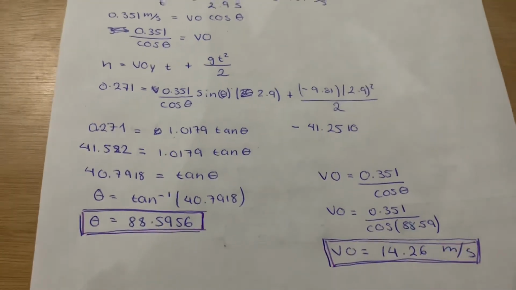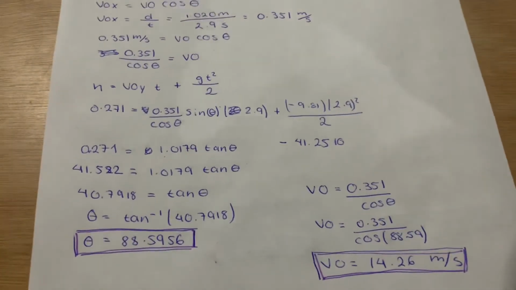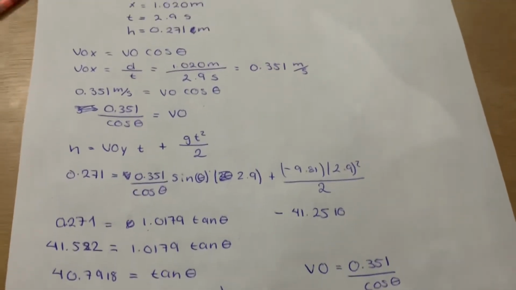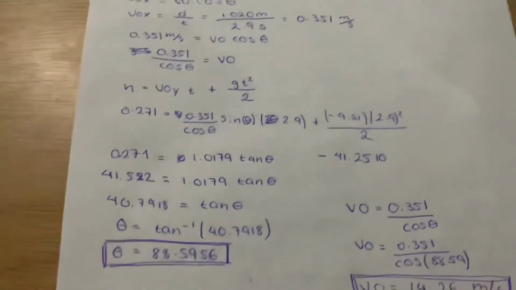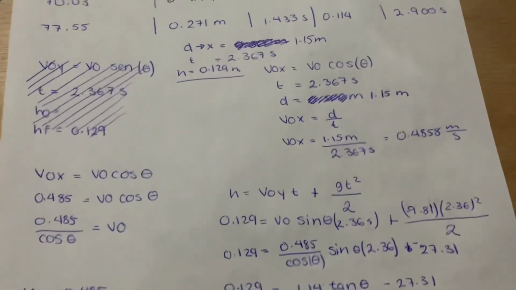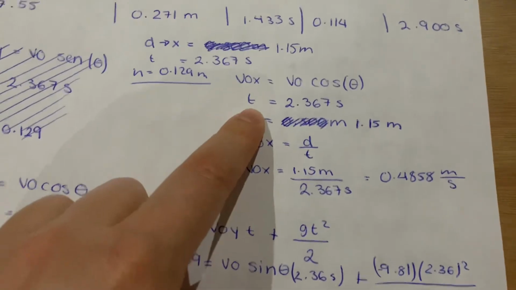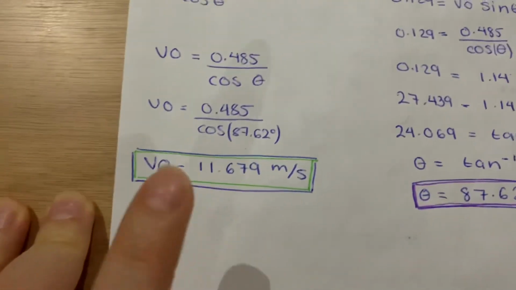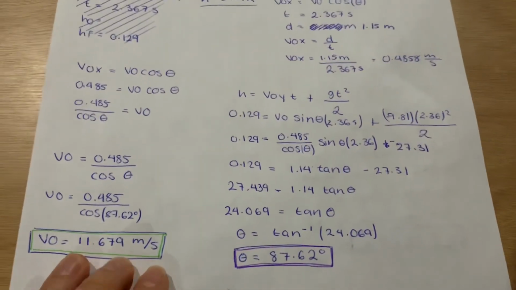I think my results are okay, but maybe something happened with Tracker that didn't get me the result that I wanted. And that happened also in the first one, because my time is also fast, and that's why I got an initial velocity that is fast.